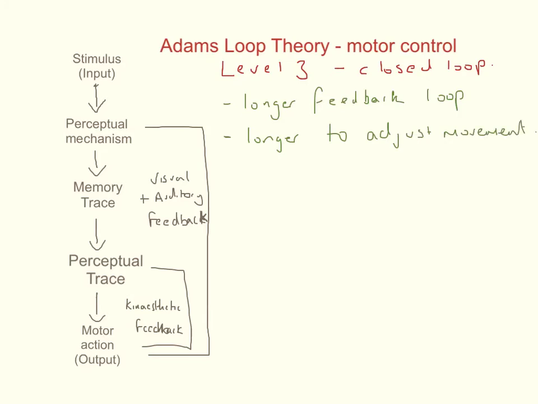And the reason for that is that we've got visual and auditory feedback coming in instead of kinesthetic feedback. Okay, so we actually need to think about this. So it involves conscious thought or decision making.